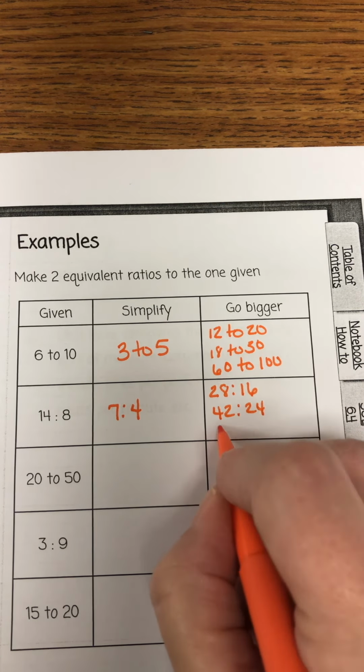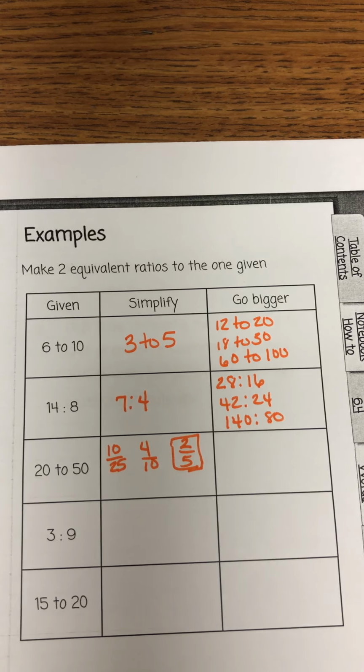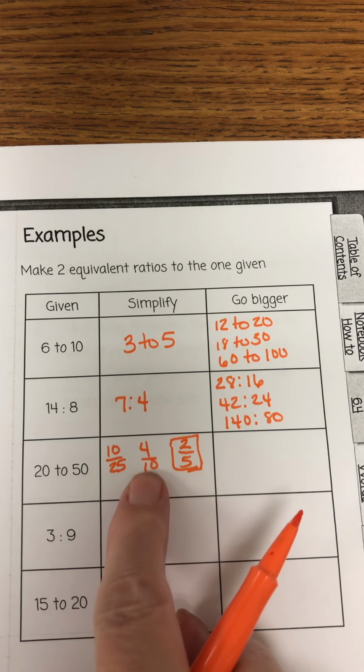So when you simplify this one, there's a lot that we can do to make it a little smaller. For example, 10/25 or 4/10. But really, the simplified version is that one right there, 2/5. These could be considered equivalent as well.